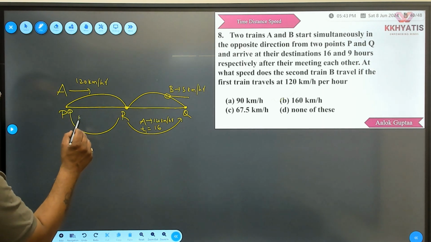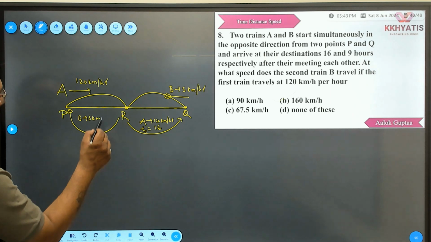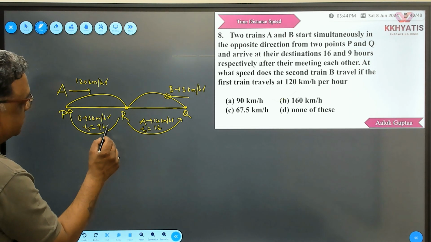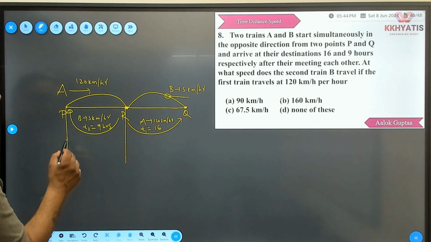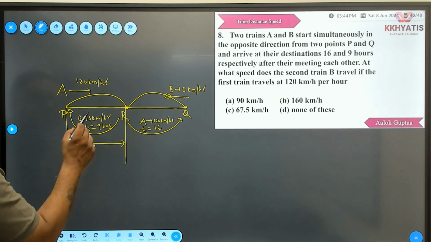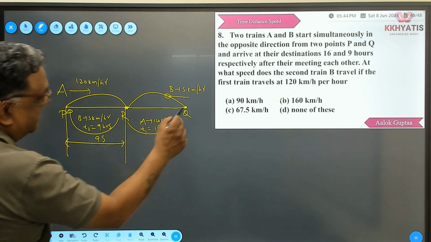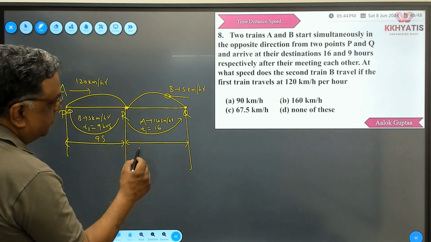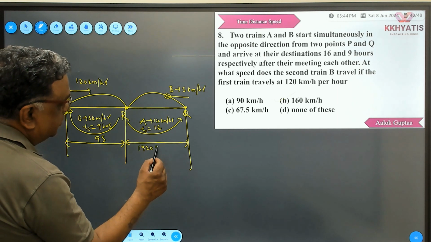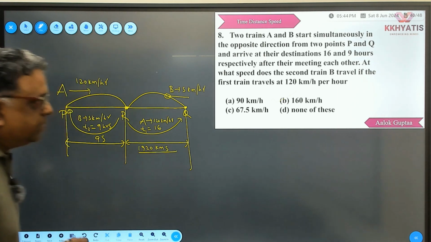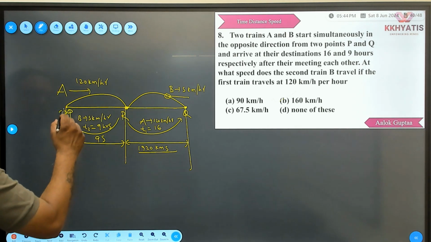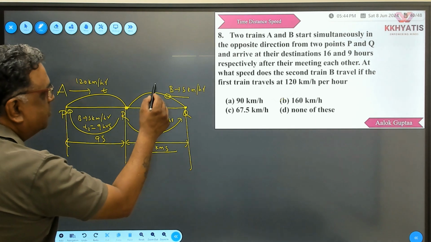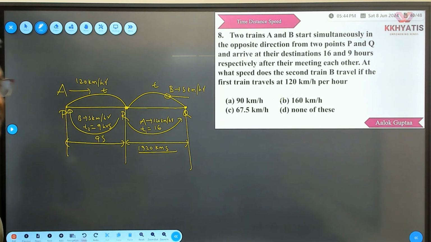It is traveling at S kilometers per hour and here the time taken is 9 hours, which means this distance must be speed into time, 9S, and this distance must be speed into time, 16 into 120, 1920 kilometers. Now when they are meeting here, train A must have traveled T hours and train B also must have traveled T hours because they are meeting at the same time.